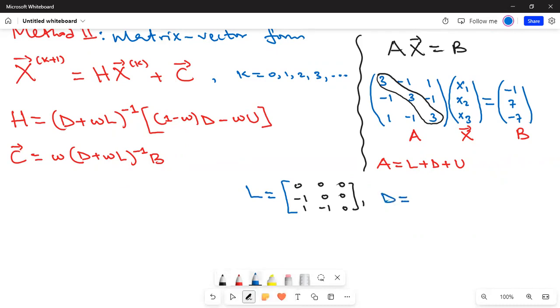Diagonal matrix is 3, 0, 0; 0, 3, 0; 0, 0, 3. Upper triangular matrix, you now focus on the elements above the leading diagonal. That is 0, -1, 1; 0, 0, -1; 0, 0, 0.